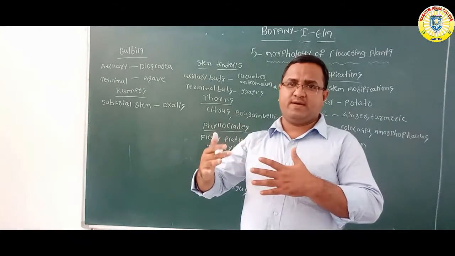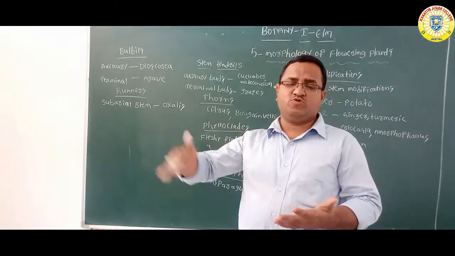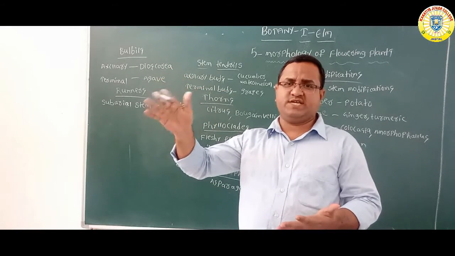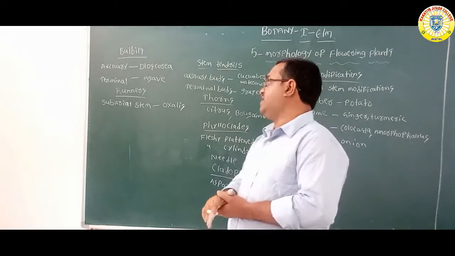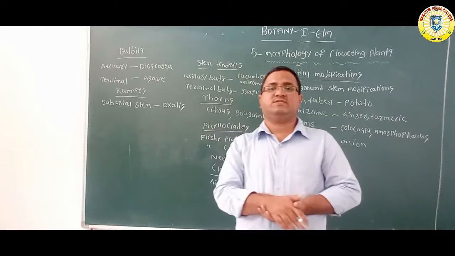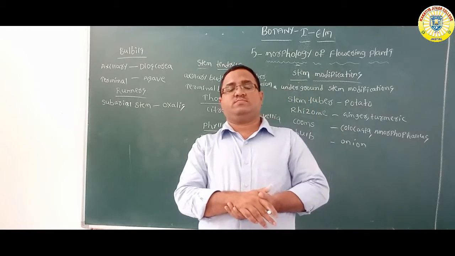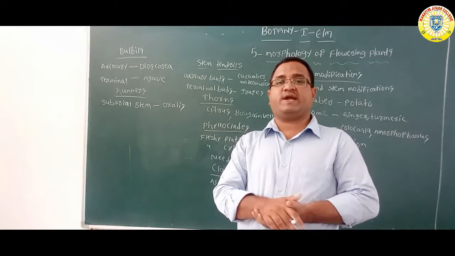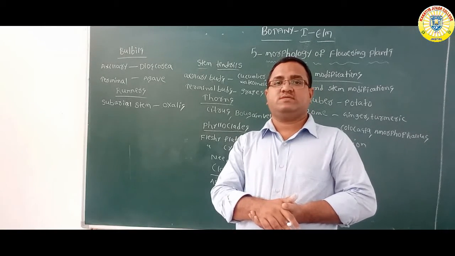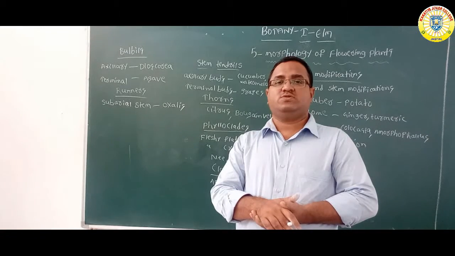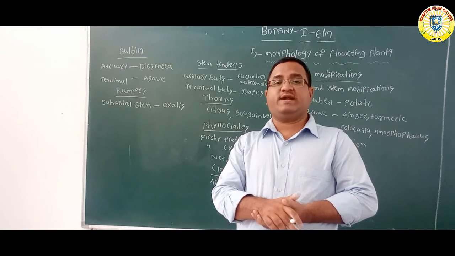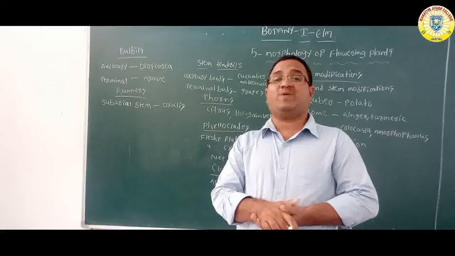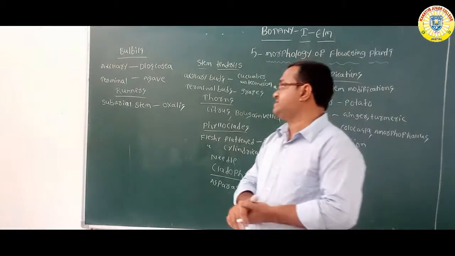Whenever the main branch dies, these new branches grow as a new plant. That is runners.